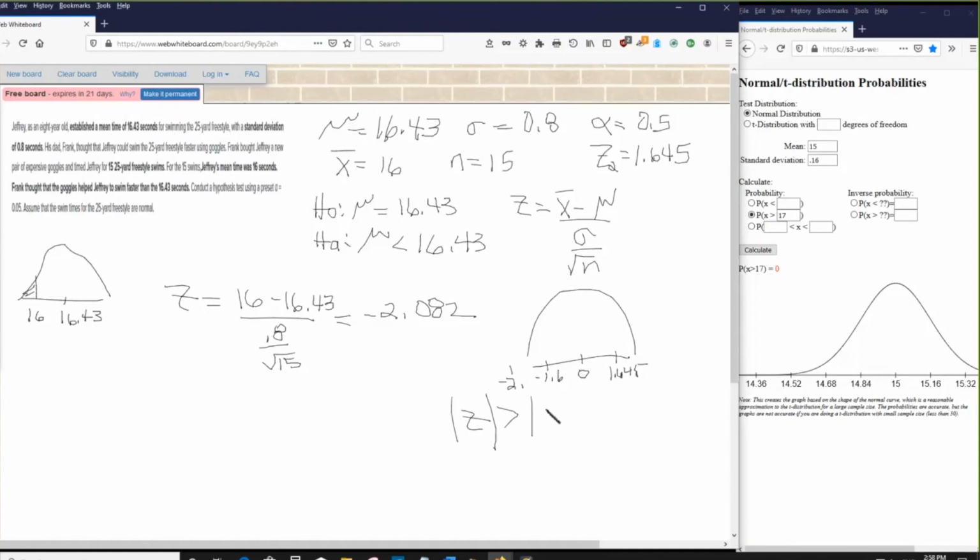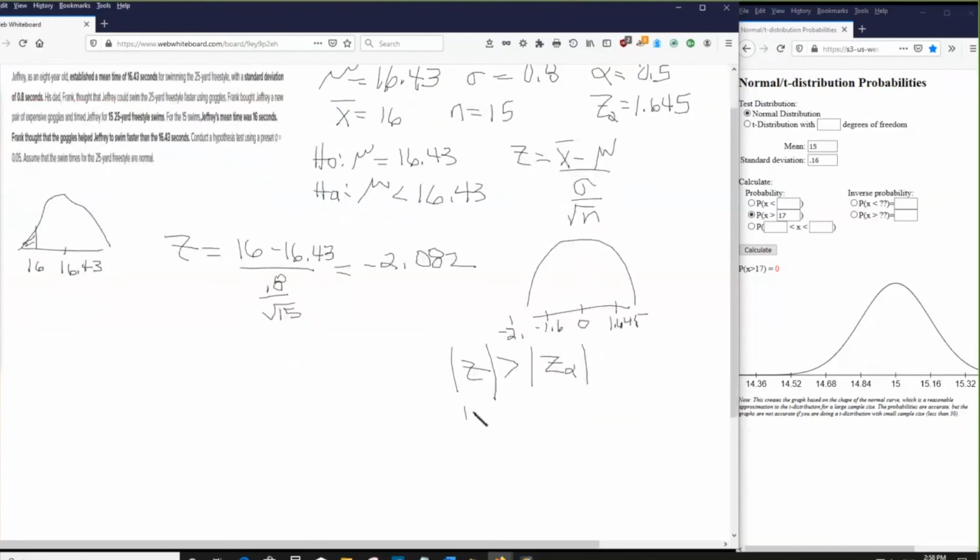We're going to see if that is greater than the absolute value of z of alpha. So this is another thing to remember, is that you want the absolute values because we want to go the opposite direction. So that's going to end up making your numbers different.